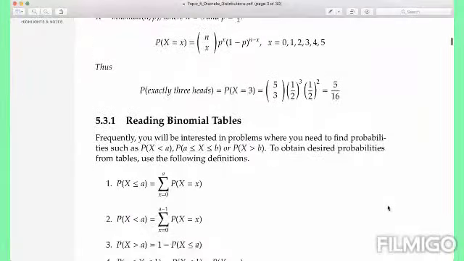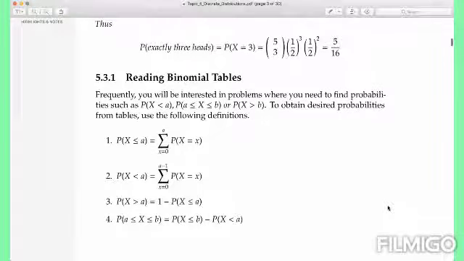Another thing before we go away from the binomial is that you should note that for a binomial, we can even use tables. In some applications, you may need to compute a lot of individual probabilities for a binomial, but once you have the tables, it may be easier to get these binomial probabilities using them.